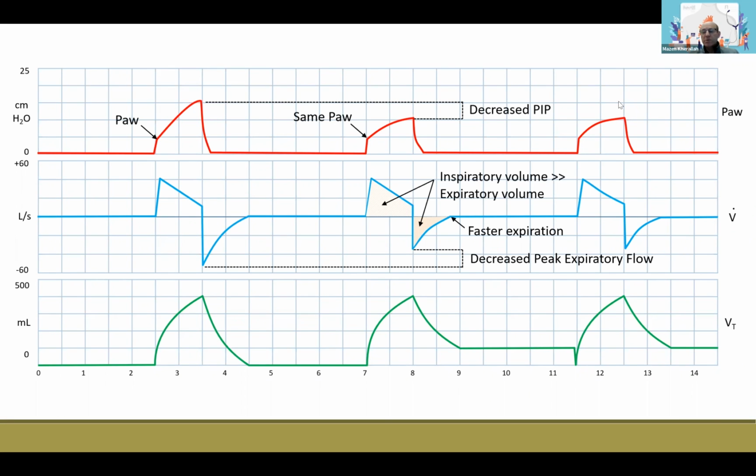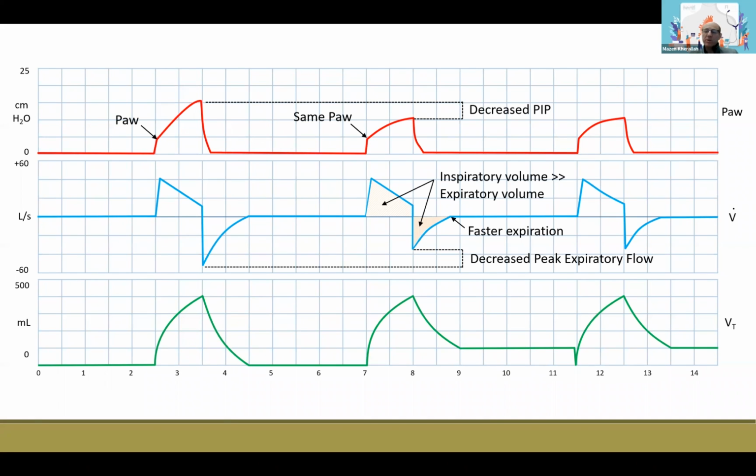However, you're going to have more difficult cases, especially if you have tracheomalacia or if you have a large bronchopleural fistula. But you as an intensivist should be able to detect air leak quickly by just looking at the scalars, like what we talked about.